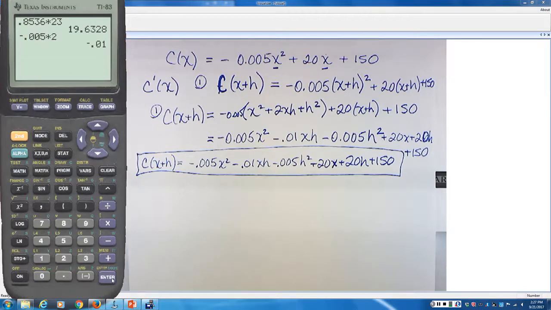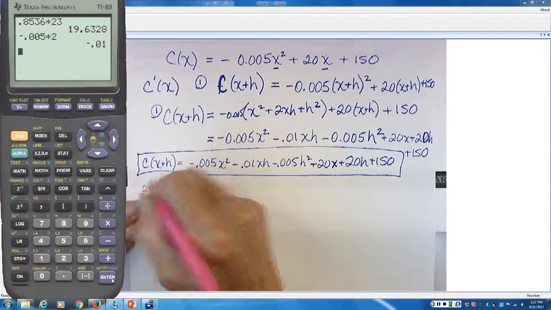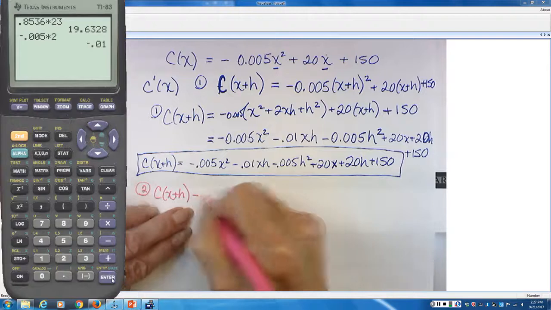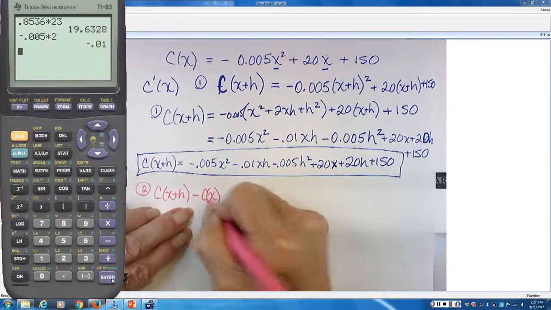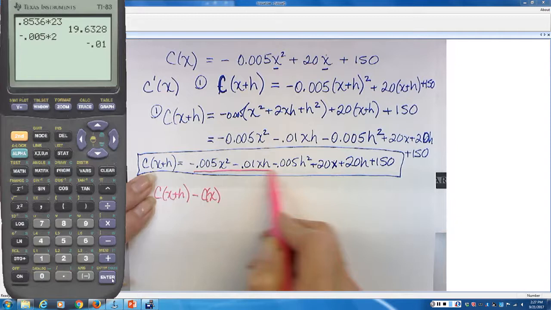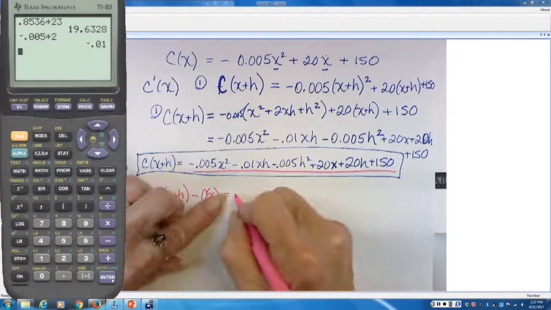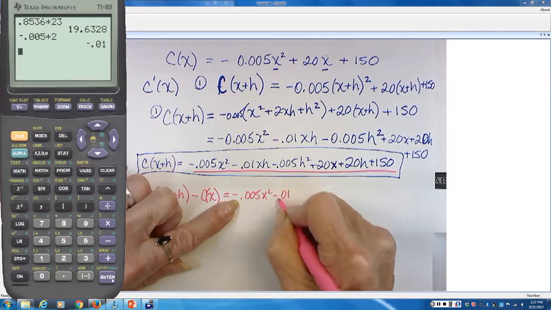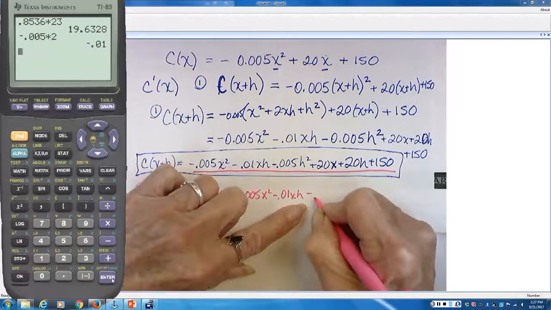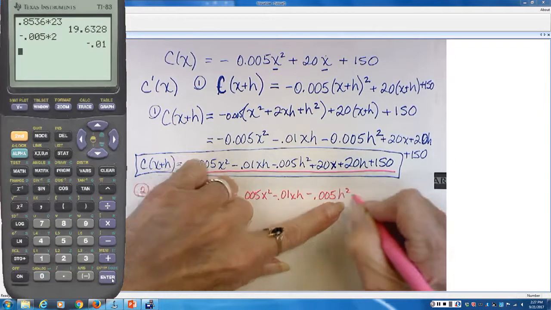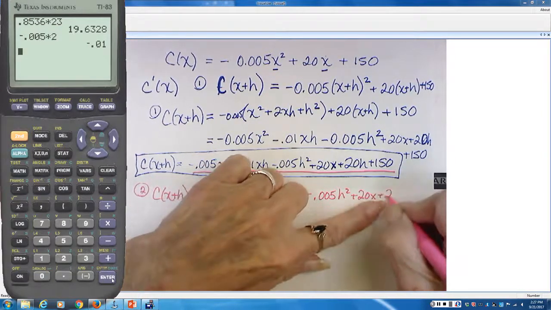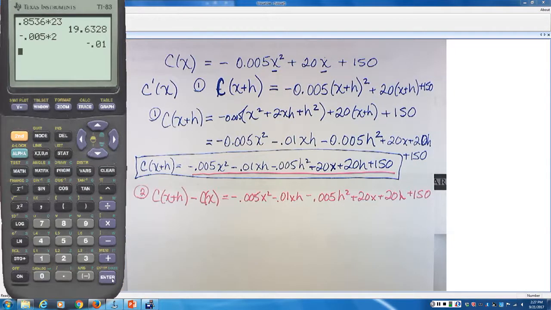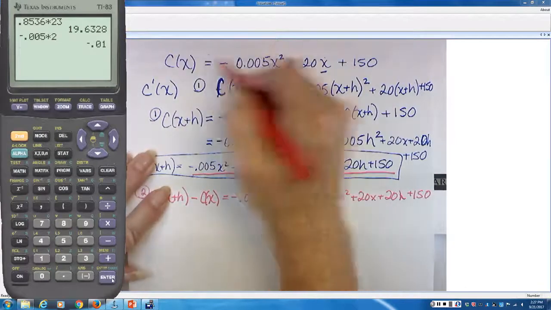My next step is where I take C of X plus H minus C of X. So I need to take this, and what I'm going to subtract from it is this.